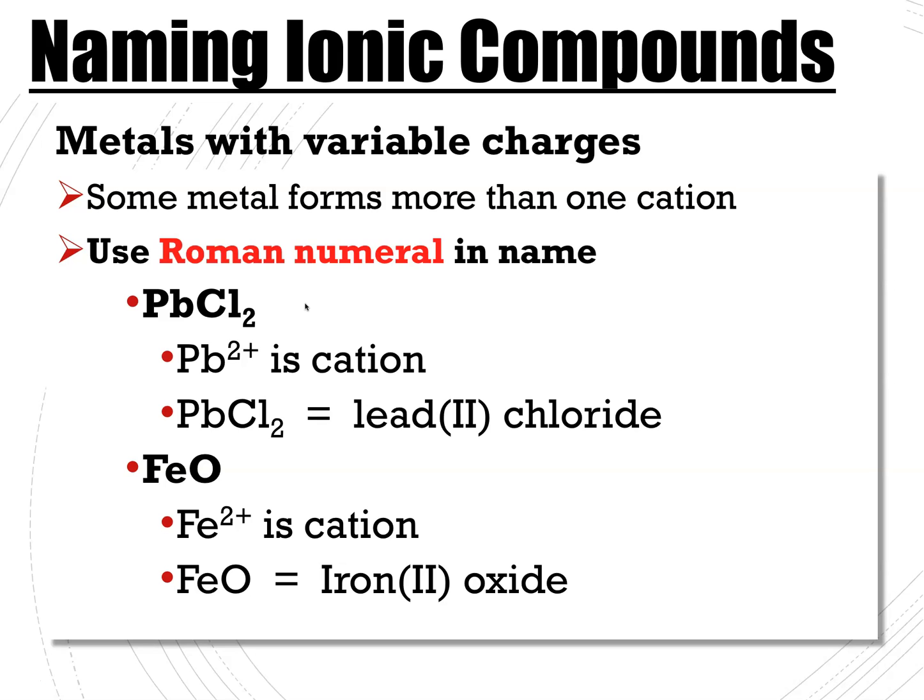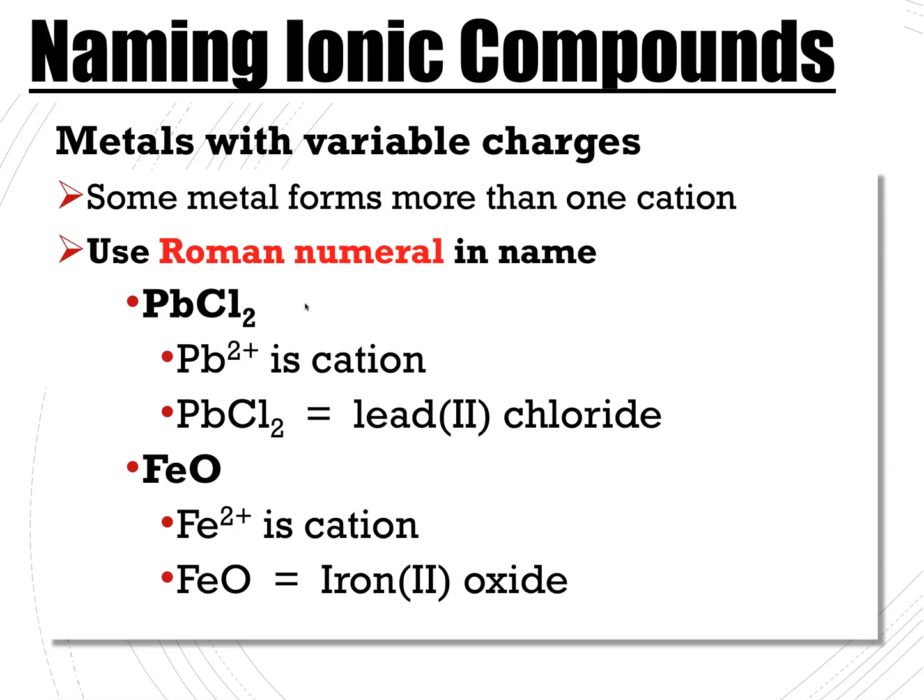When we look at ionic compounds, the overall charge must be 0. So if I have 2 negatives from the 2 chlorines, 1 from each, I need 2 positive from the lead. So that's why lead 2+ matches 2 chlorine -1s and gives me my lead 2 chloride.